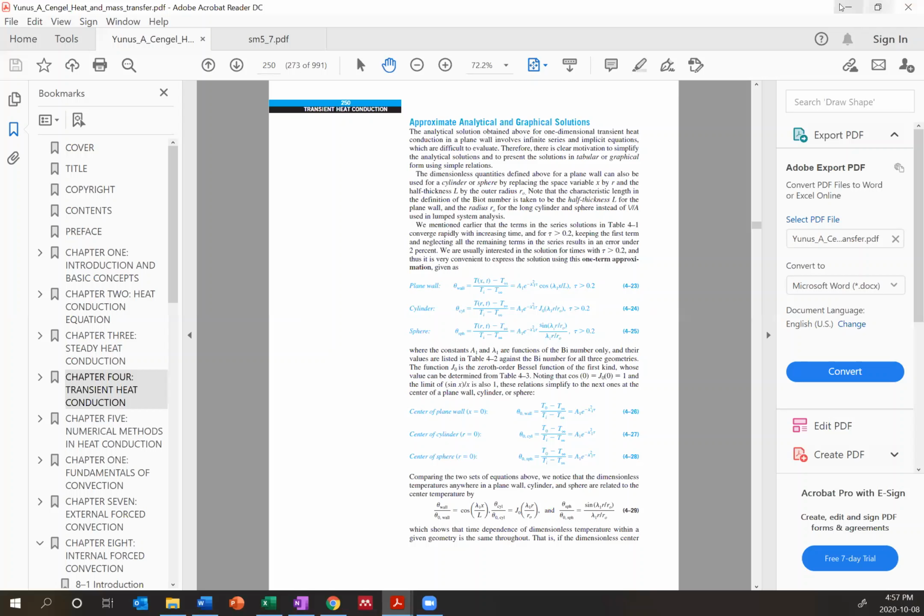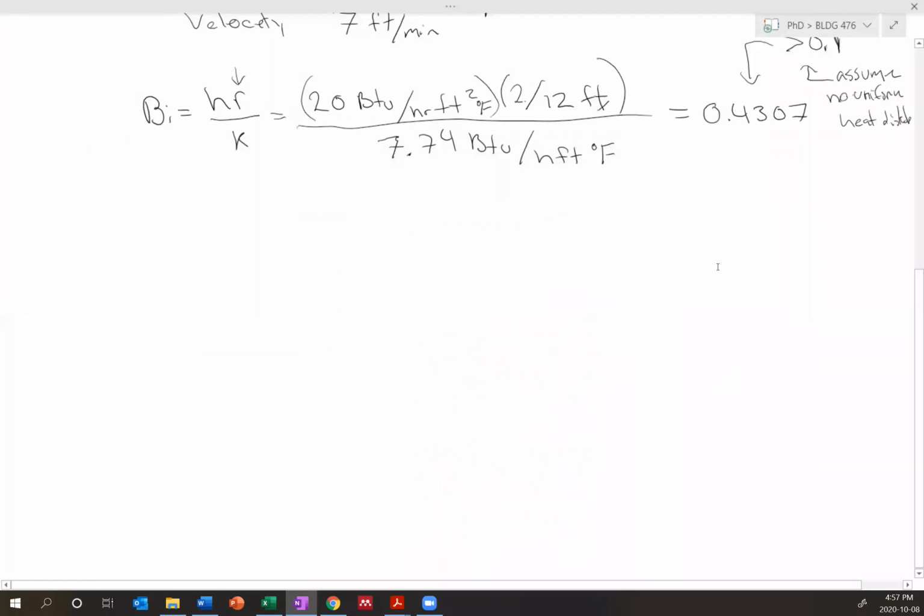So that out of the way. Okay. So assuming that it is the simpler one, we'll use table 4.32, and we'll find the factors that we need.